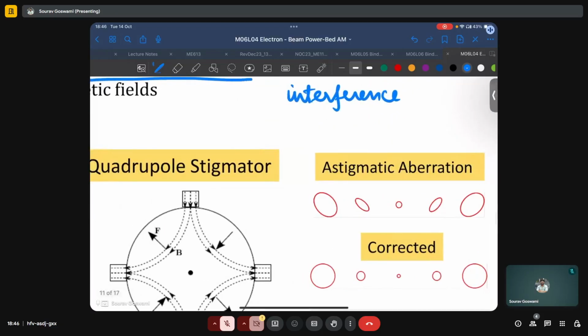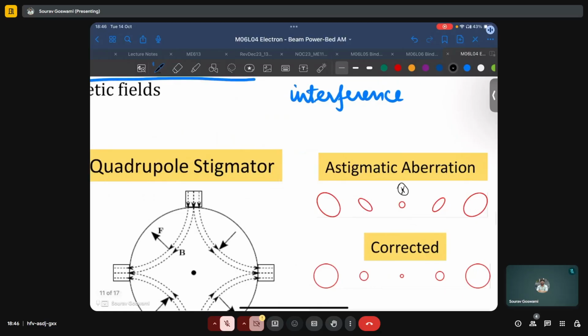With astigmatic aberration, the type of beam shape that we'll see is on the top here, where this is the place which is near the optical axis, and as we deflect either to the left or right, we are moving farther away from the optical axis.